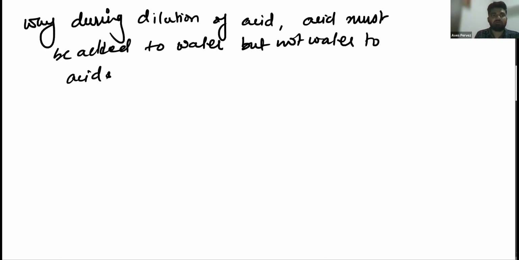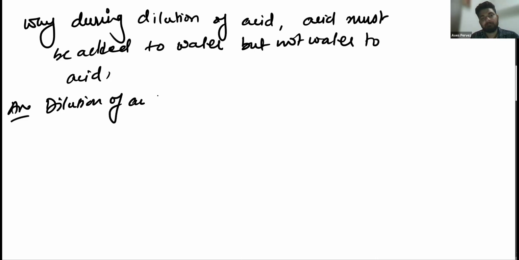The simple answer for this question is that dilution of acid is an exothermic process.